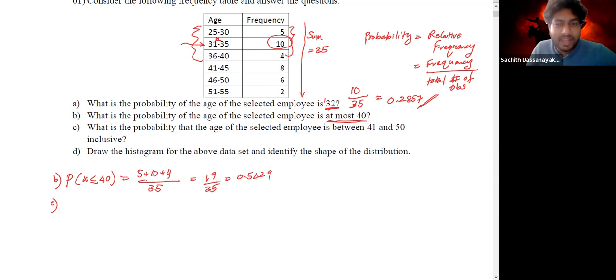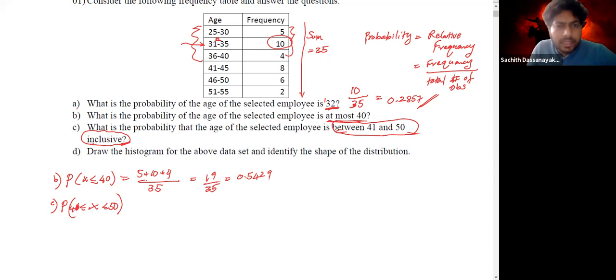Okay, what is the probability that the age of a selected employee is between these values, inclusive? These numbers, 41 and 51, are like boundary values. So you can find the probability of X greater than or equal to 41 and less than or equal to 50. Why equal? Because it is inclusive, so boundary values are included.